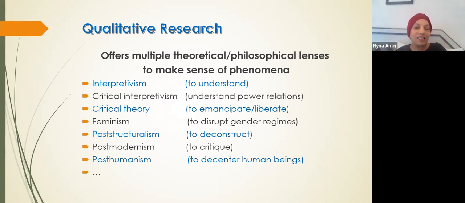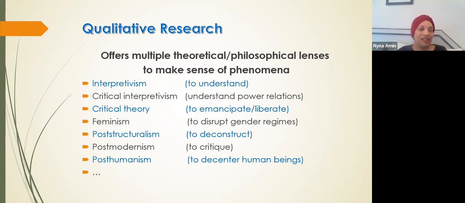So you see, in qualitative research, you have to choose one of these worldviews. So it differs from the kinds of research that you've always done, in which there was a common sense and a commonly accepted and agreed understanding of what the world is. A heart is a heart is a heart.